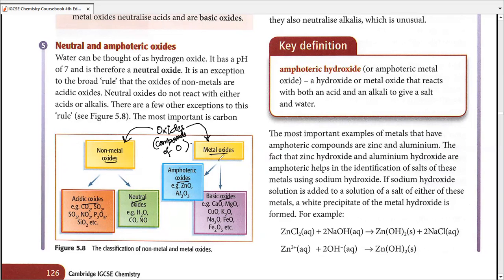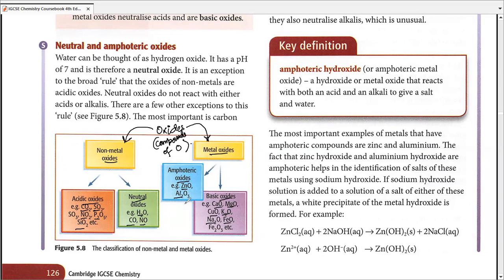You would see many elements reacting with oxygen. Here we have carbon, sulfur, nitrogen, phosphorus, silicon, hydrogen, zinc, aluminum, calcium, magnesium, copper, potassium, sodium, iron. So we see many metals and non-metals reacting with oxygen and forming oxides.